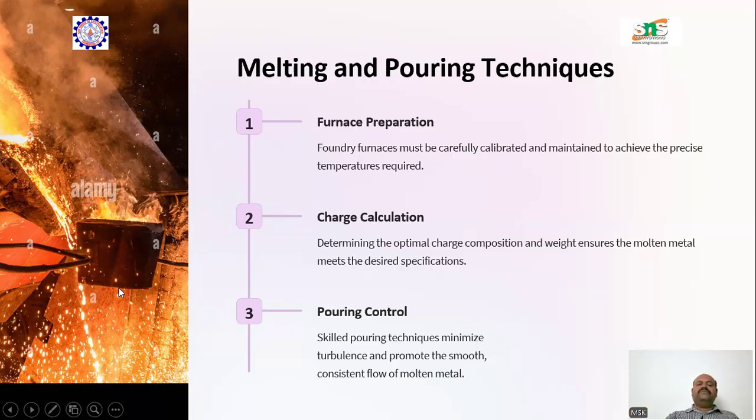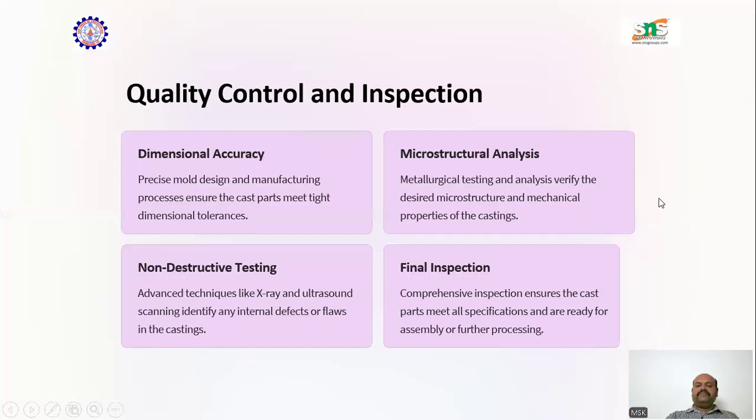There is a tonnage of molten metal it has to be filled with. The third technique is pouring control. Whenever the metal is melted in this ladle, it has to be poured properly with the help of skilled labor to avoid turbulence while pouring the metal, and it has to go consistently in the pathway to fill the mold cavity.